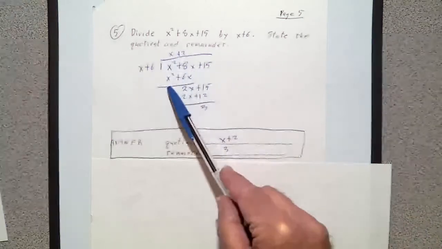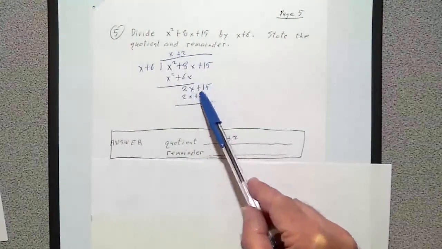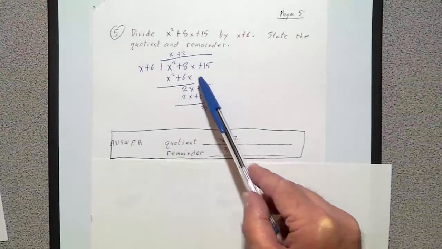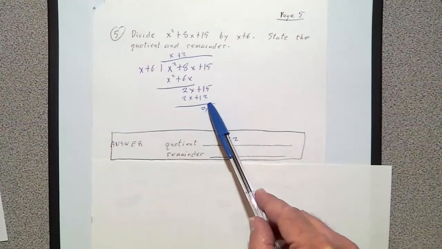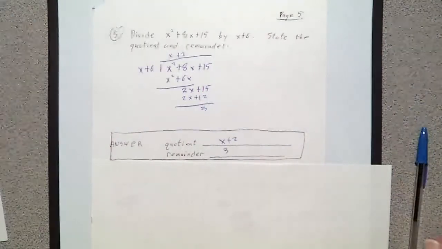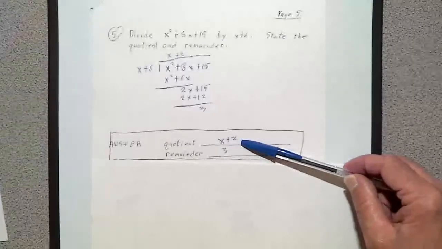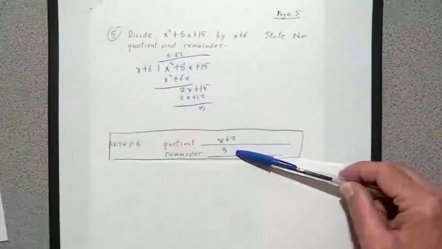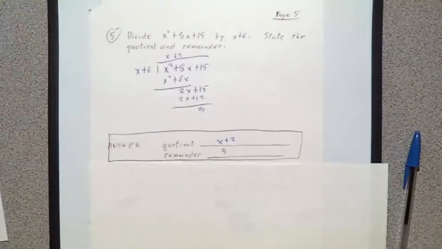But x times x plus 6, that's x squared plus 6x. You subtract, you get 2x plus 15. Put a 2 here. 2 times x plus 6 is 2x plus 12. 15 minus 12 is 3. So the quotient is x plus 2. The remainder is 3, which is indeed of lower degree than the divisor. And so that's the answer.